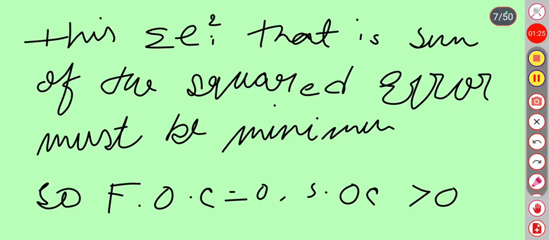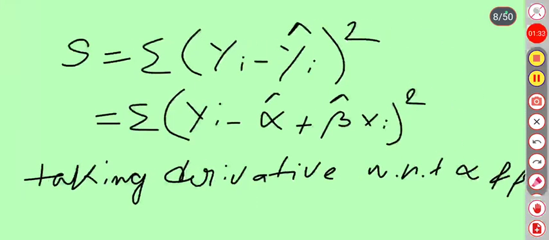This sum of the squared errors must be minimum, so the first order condition will be 0 and the second order condition will be positive. Here yi hat is equal to alpha hat plus beta hat xi.